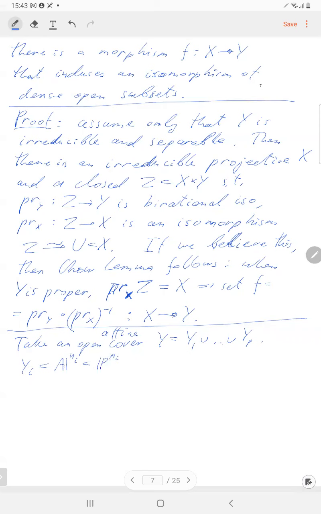I just add some boundary at infinity, and I can take the closure of my subvariety inside this ambient projective space. So take Y bar i inside P^{n_i}, the projective closure.